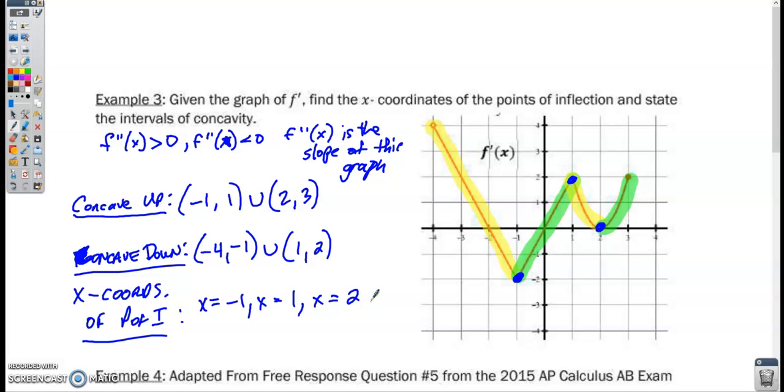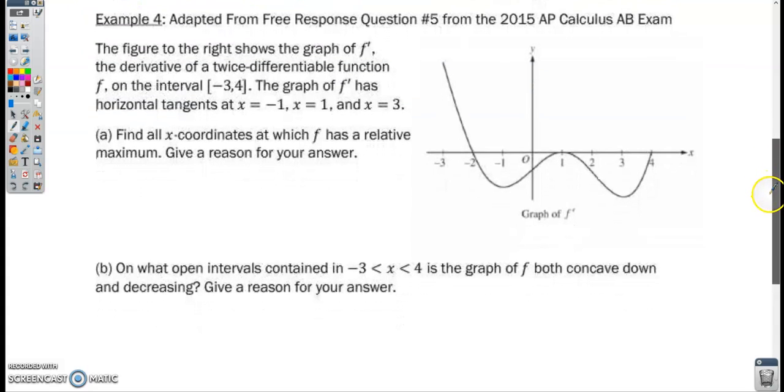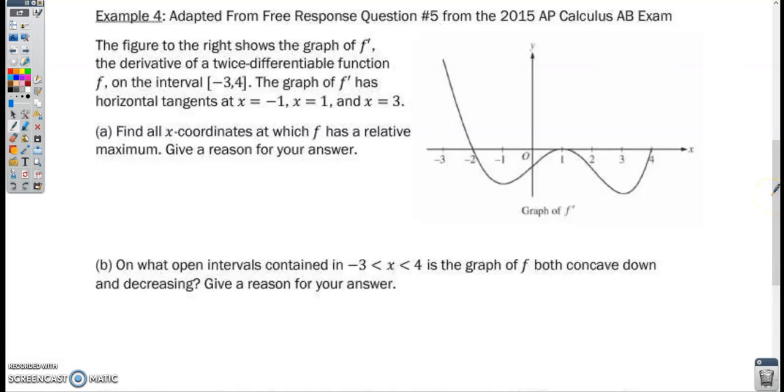All right. And our last one here, example 4, adapted from free response question number 5 from the 2015 AP Calculus AB exam. It says the figure to the right shows the graph of f prime, the derivative of a twice differentiable function f, on the interval from -3 to 4. The graph of f prime has horizontal tangents at x equals -1, x equals 1, and x equals 3.